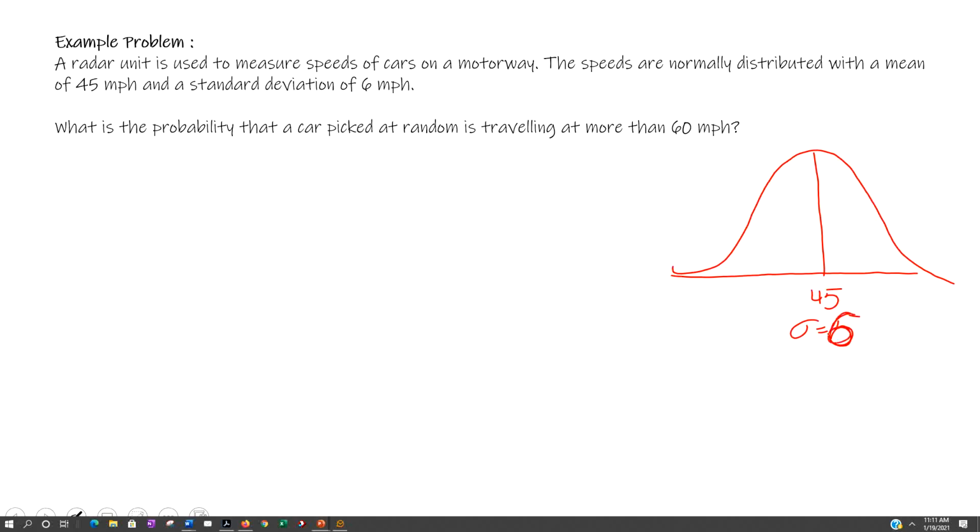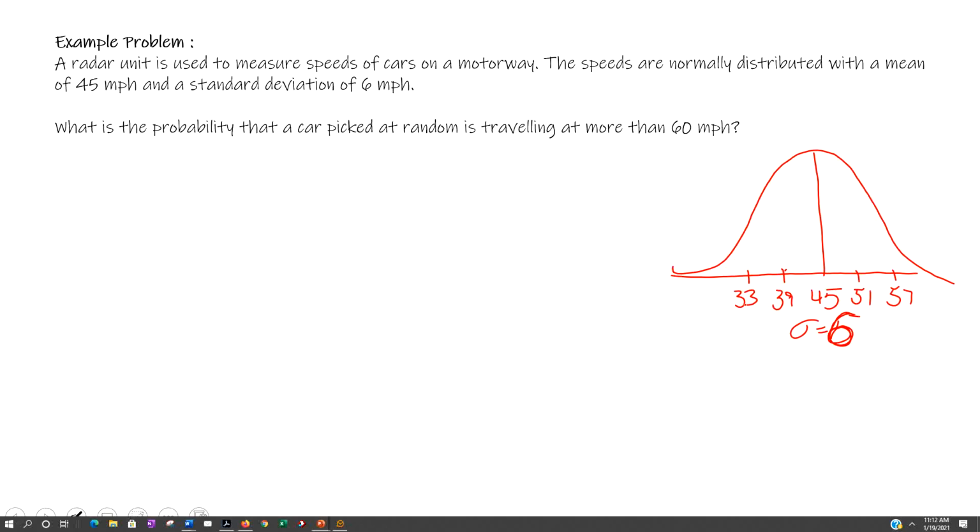So now I can put in other values here where our different amounts can fall. So you can kind of see that I know then too that 68% of the cars are going to go by this radar gun traveling between 39 and 51 miles an hour.